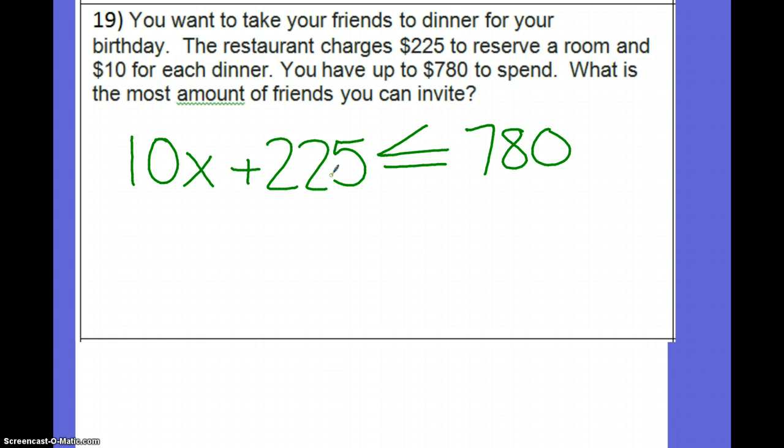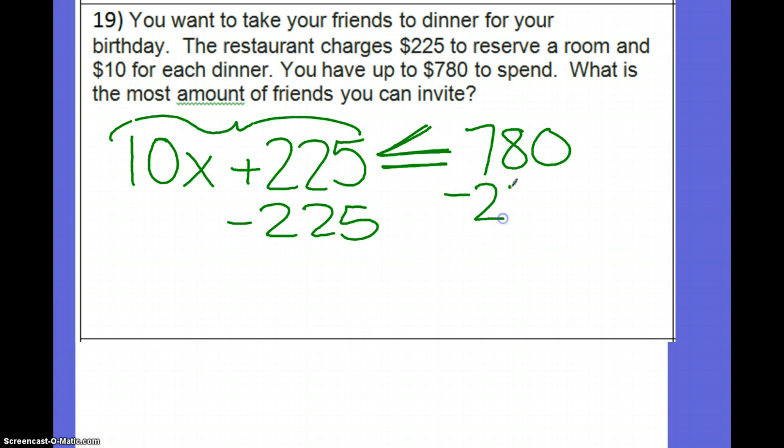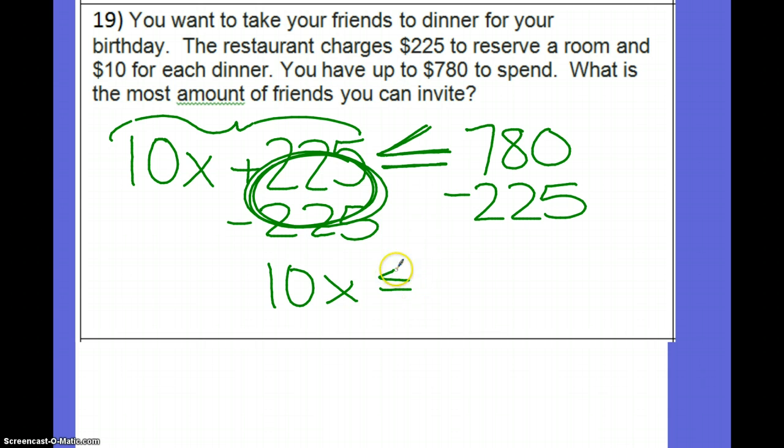That amount of money you're spending here needs to be less than or equal to $780. So we subtract 2.25 on both sides to get 0 here. 10x is less than or equal to 555.